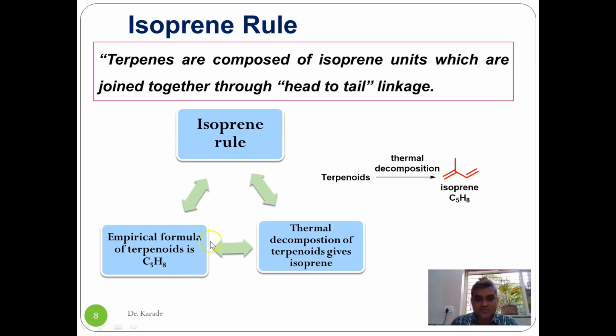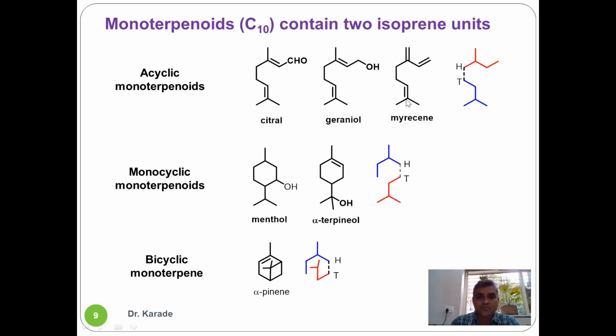On the basis of these 2 observations, Wallach reached a very important conclusion that terpenes are made up of isoprene units joined through head to tail linkage. This statement is called the isoprene rule, or the special isoprene rule. It is useful in understanding the structures of terpenoid molecules. In a couple of slides, we will see how this is applicable to monoterpenoids, sesquiterpenoids, di, tri and tetraterpenoids.